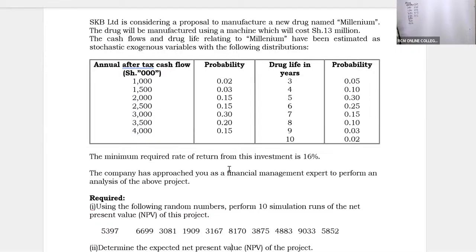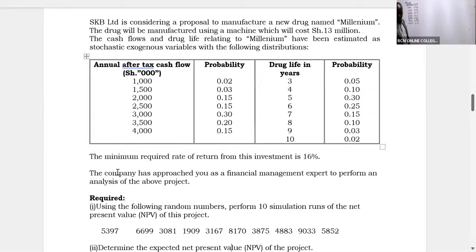Then after 0.15, we have 0.30, then we have 0.20, 0.15, like that. So we have our probabilities. So you see, I've got two sets of probabilities there. I have annual cash flows and I have drug life.